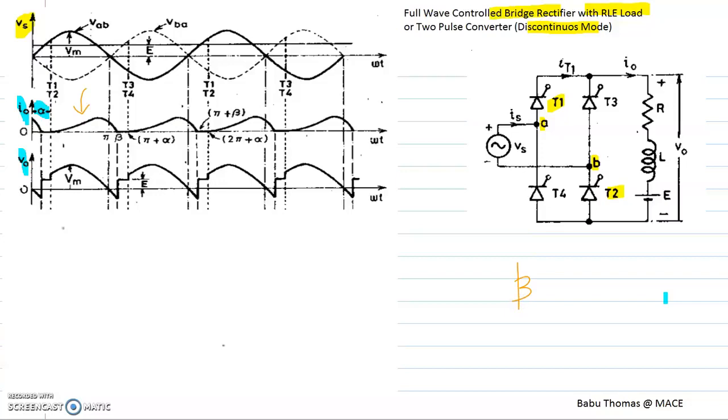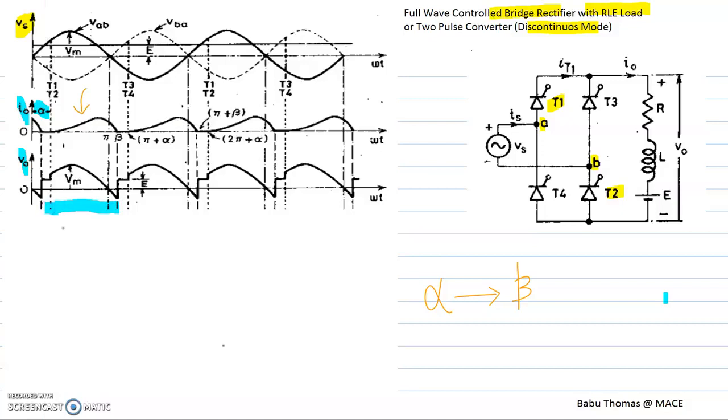So we can say that from the angle alpha to beta, the load voltage V0 will be following the source voltage Vs. That can be seen over here during this period.